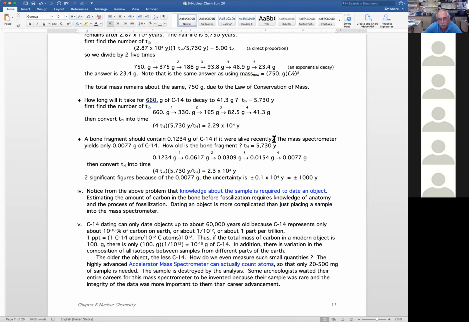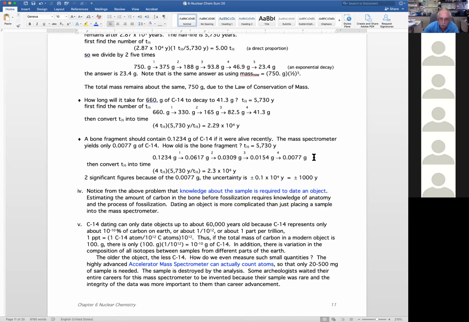A mass spectrometer yields only 0.0077 grams of carbon-14. You're supposed to have 0.1234, you only got this much. So you got mass and you got mass. So how many half-lives went by? Okay, divide by 2, divide by 2, divide by 2, divide. Oh, it took me 4 half-lives to get there.